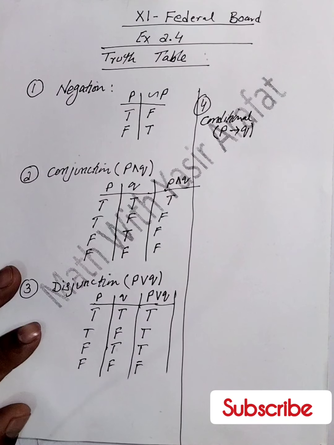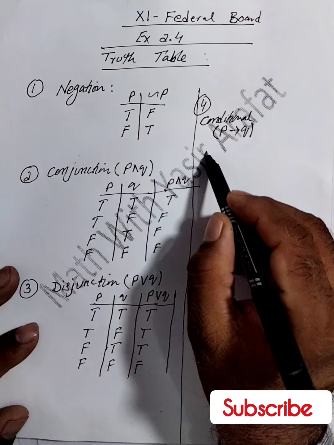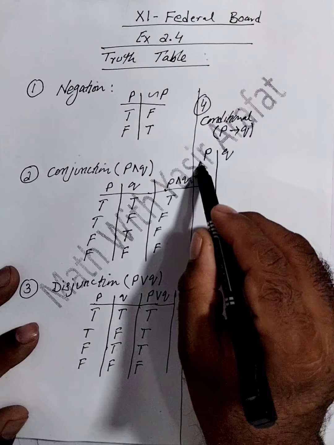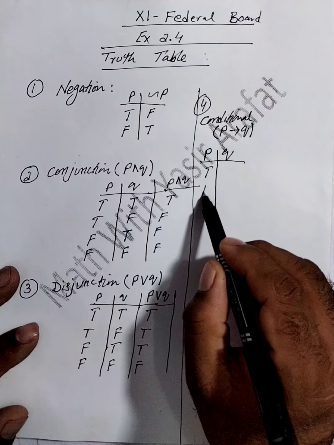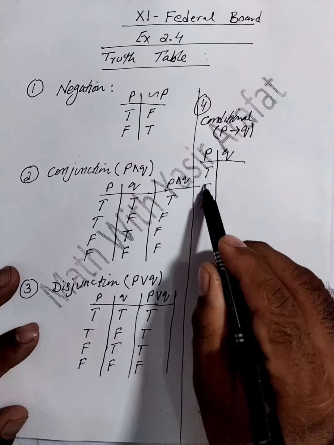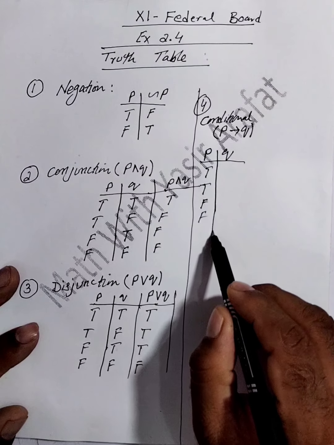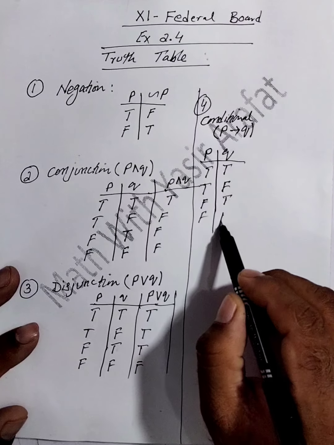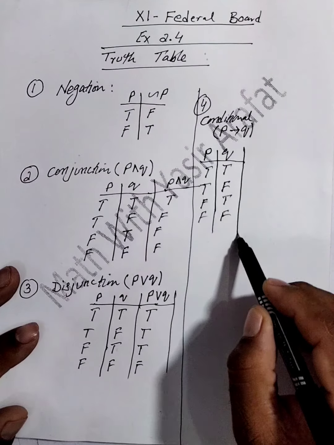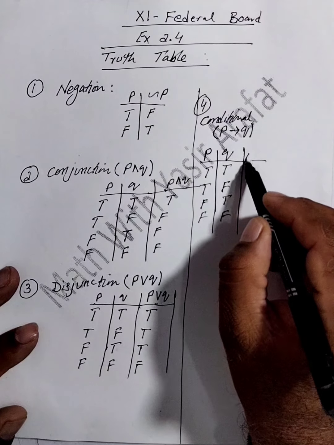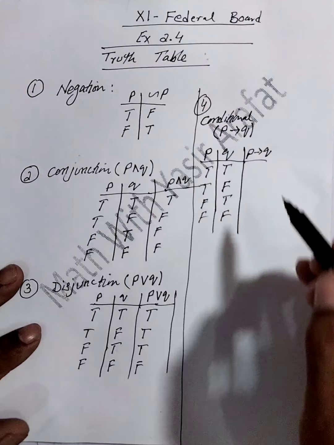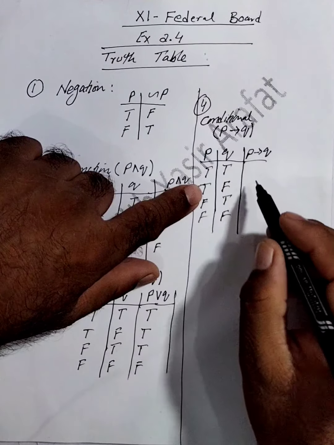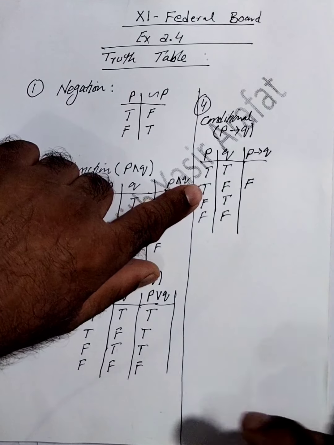For example, here this is P, this is Q, true, true, false, false, true, false, true, false. Now the conditional statement, that is P then Q. If the antecedent is true and the consequent is false, then the statement will be false.